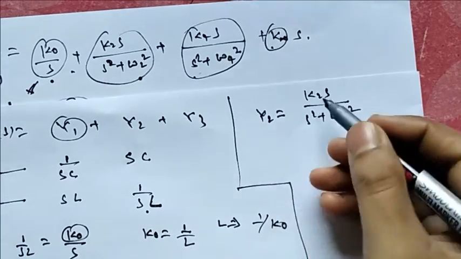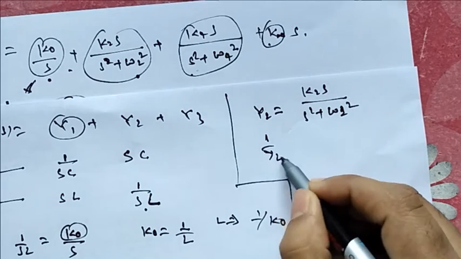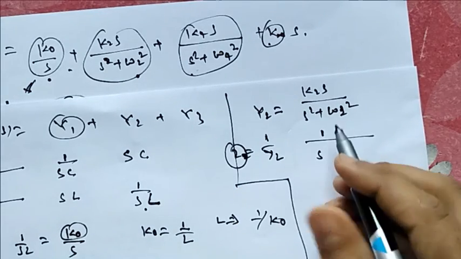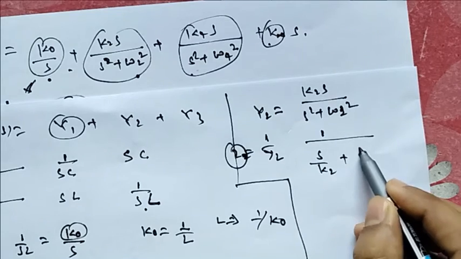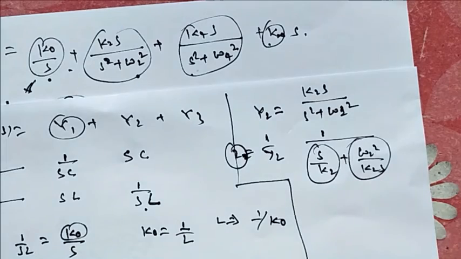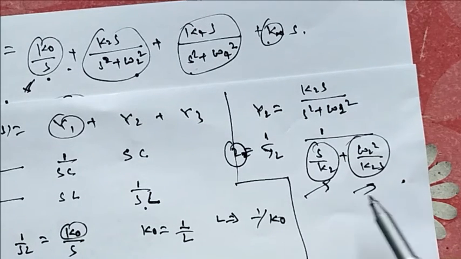Now if I take 1 by Y2, it will become Z2. It will be S by K2 plus omega 2 square by K2 S. Now this is your impedance, added in series, because in series the impedance is added.